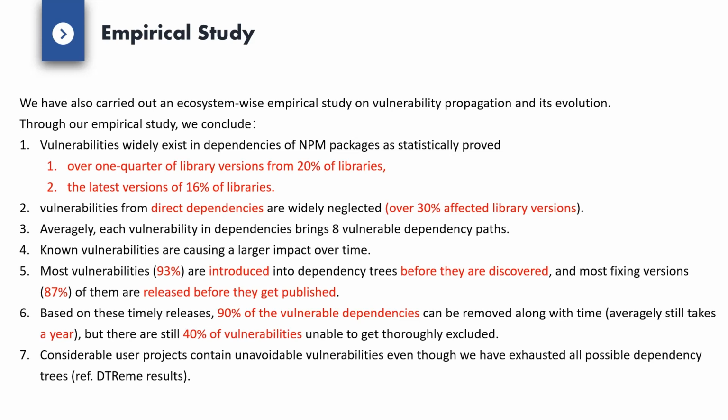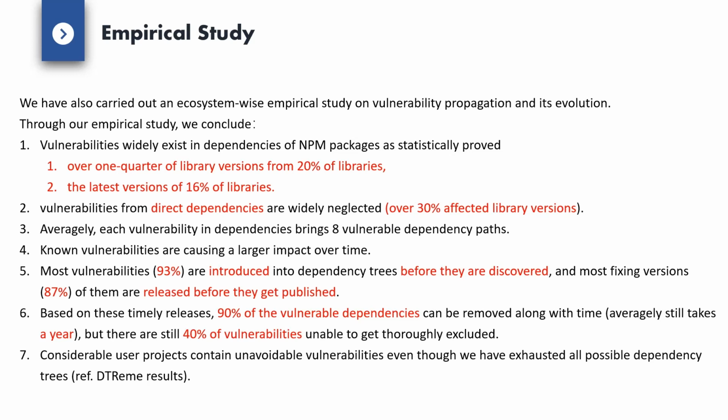Through our study, we conclude that, first, we statistically proved the wide existence of vulnerabilities in the dependencies of NPM packages, that over 1/4 of library versions from 20% of libraries contain at least one vulnerability in their dependencies, and the latest version of 16% of libraries contain at least one vulnerability in their dependencies.